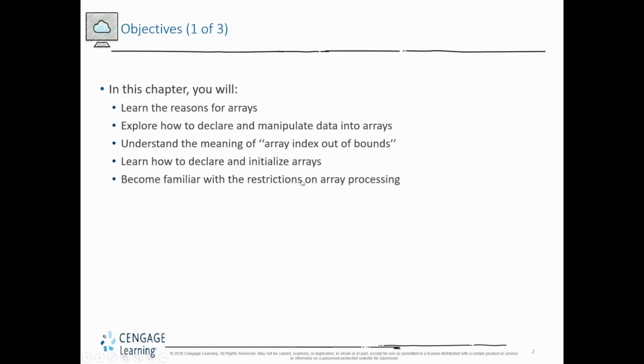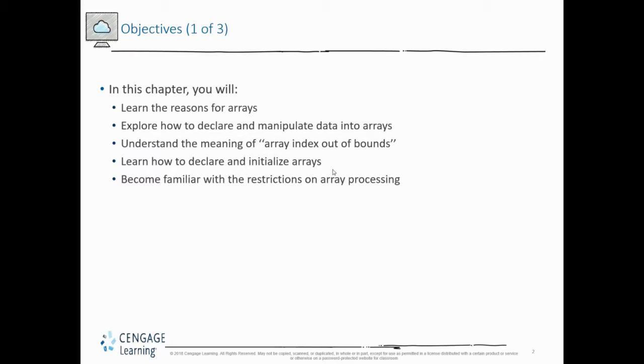Become familiar with the restrictions on array processing. Similar to some of the other chapters that we've gone through, there are restrictions on what you can do with C++ in any particular programming aspect that we're dealing with. As an example, if you have an int list with 10 values, or a list with X values, and you're trying to assign those values to another array in your program, you can't just put those values directly into another one.